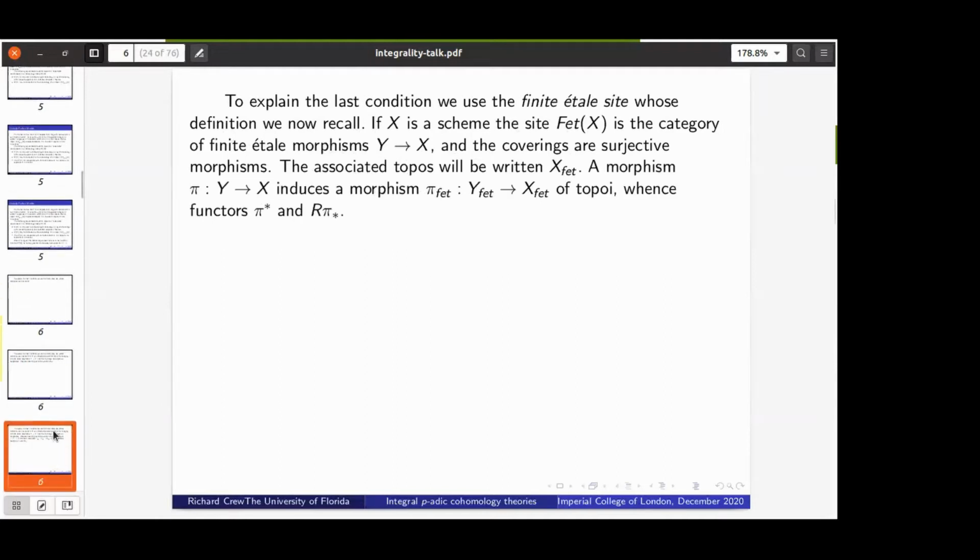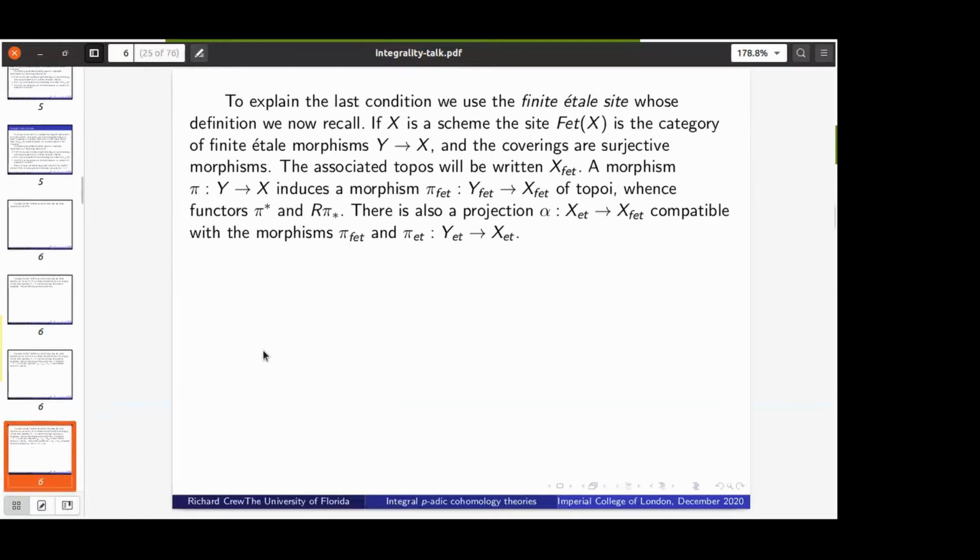A morphism pi of schemes induces a morphism on the finite étale topoi, and this, of course, gives you functors pi upper star and R pi lower star. There's also a projection, alpha, from the étale topos of X to the finite étale topos of X, and it's compatible in an obvious sense with the morphisms of the étale and finite étale topoi.